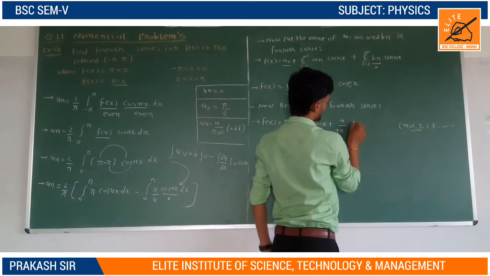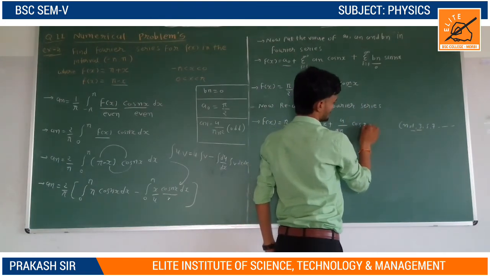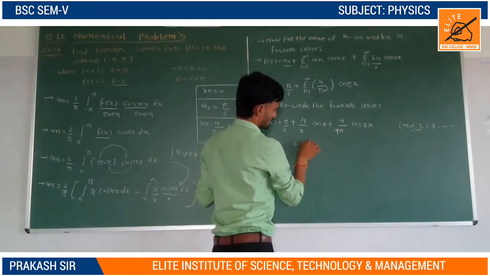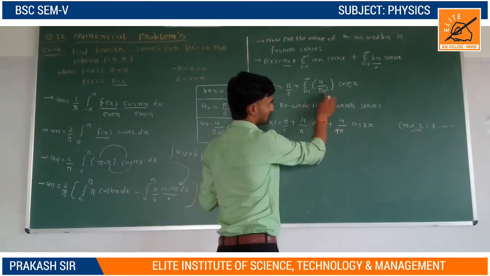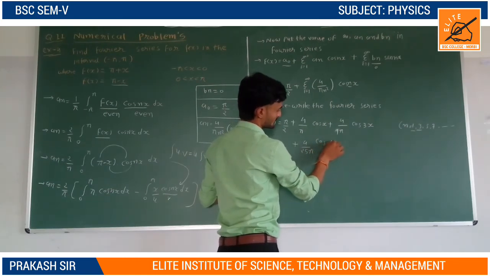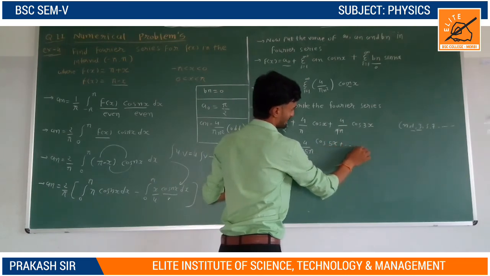Here n is 3, cos 3x. Now third, 4 upon 5 square is 25 pi, cos 5x, up to infinity.